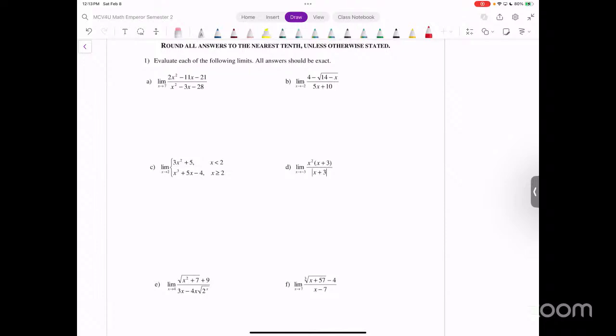That's up to F. If you get 0 out of 0, you need to do something: either apply a factoring technique, or apply the two-sided limit, or do some rationalization. When you're done, you can send me your work on text, because I want to see how you got there.